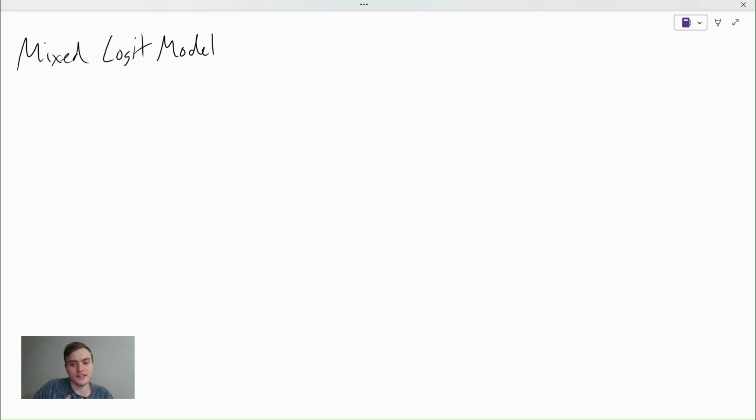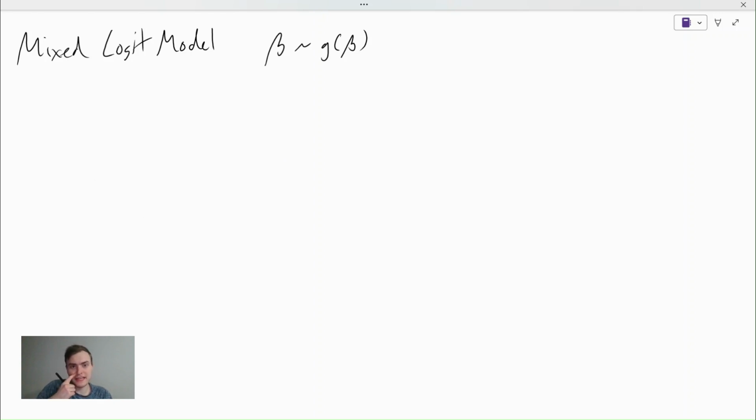Then beta for a customer becomes a random variable with known distribution g of beta. Like, beta follows g of beta. So that function is telling us how likely each beta is, or what the different betas that are possible are under some PDF or PMF probability function.